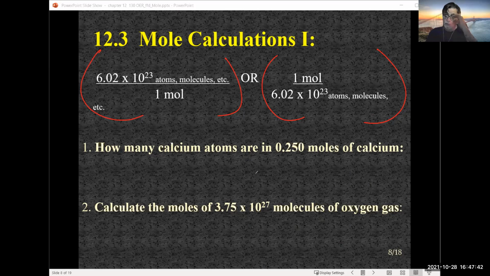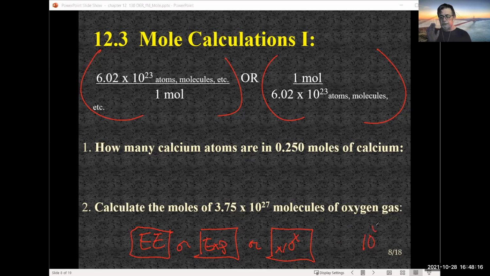Now, to refresh your memory on your calculator with respect to scientific notation, remember we talked about it at length. You want one of three buttons. You have a double E button, or you may have an EXP button, or the newest calculators have a button with an X and a 10 to the X, not the button that says 10 to the X, not that one.